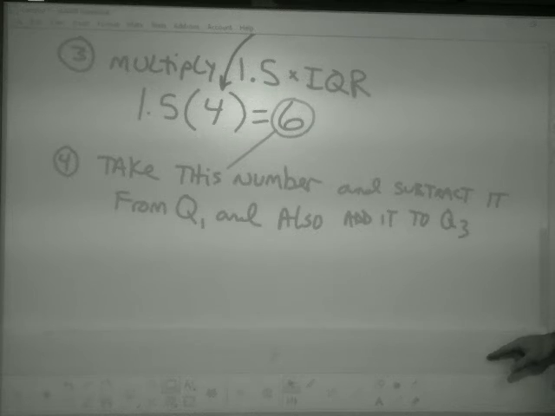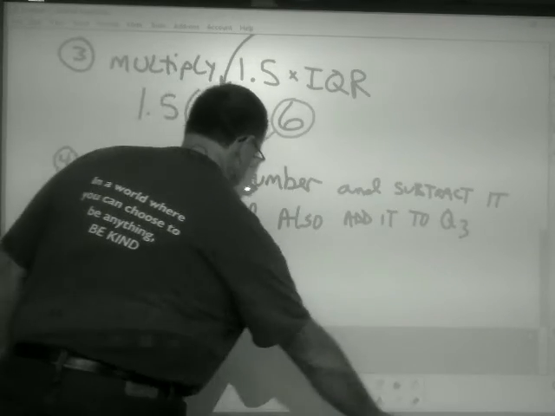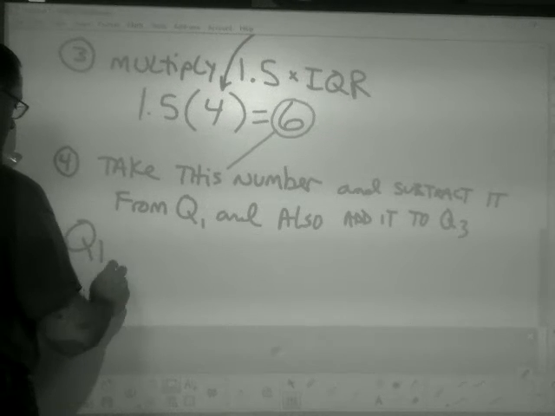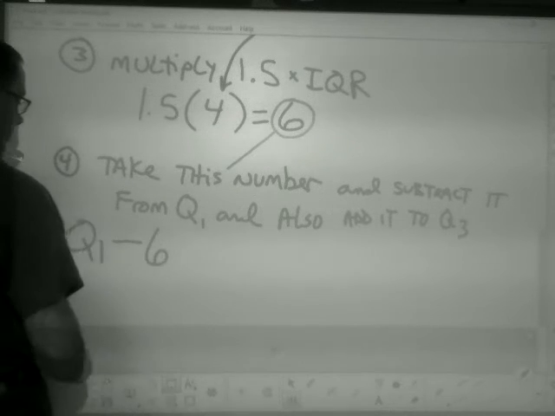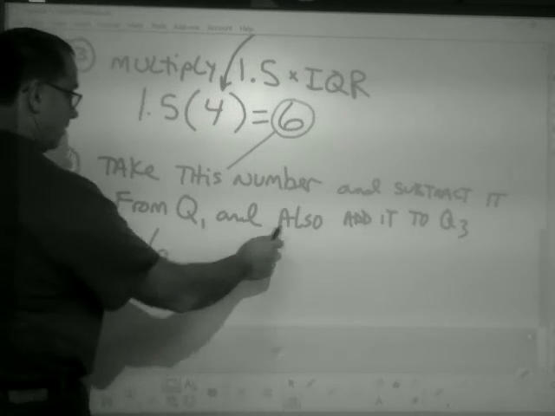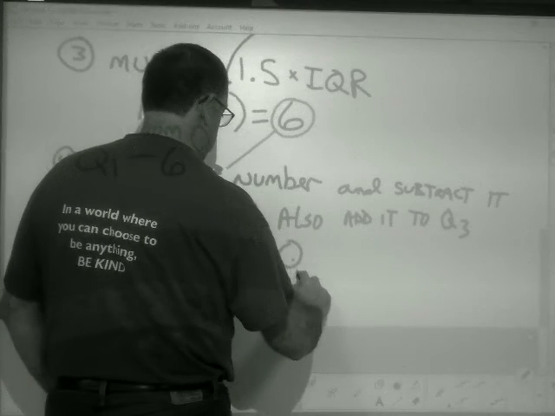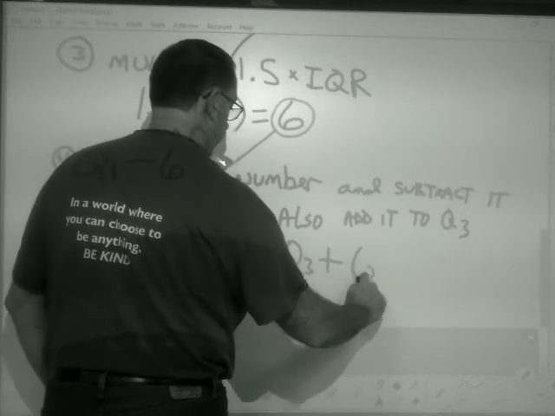So I got two calculations going on here. The first one is I'm going to take Q1 minus this number. The other one I'm going to do is Q3 plus this number.